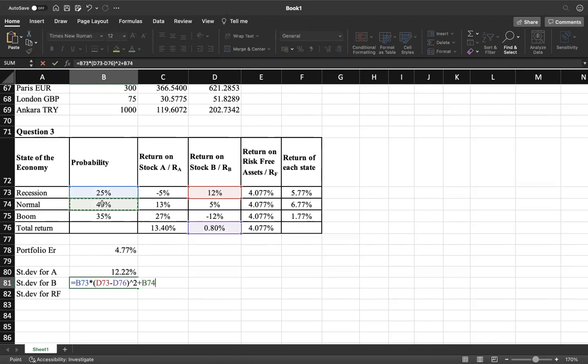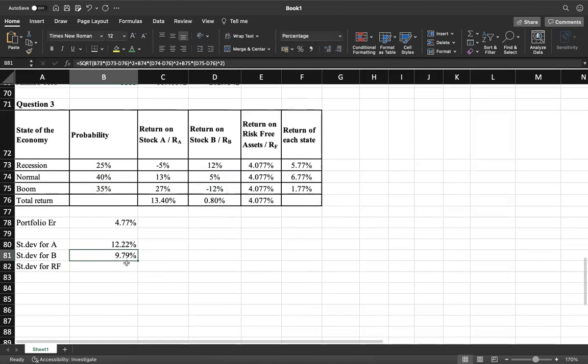Plus normal probability times normal return of stock B minus expected return of stock B to the power of 2 and plus probability times boom return of stock B minus total return, expected return of stock B to the power of 2, and it is variance, therefore I am taking square root of it, and it is 9.79% standard deviation.